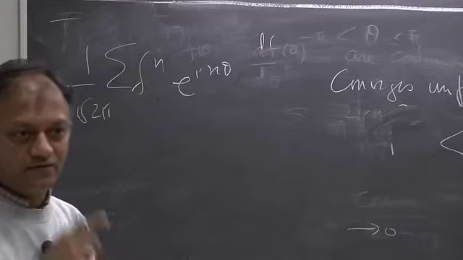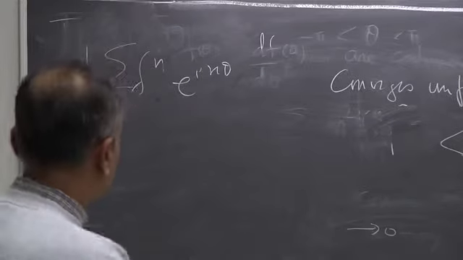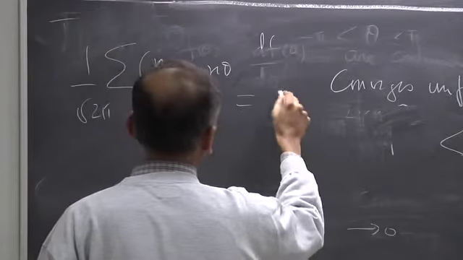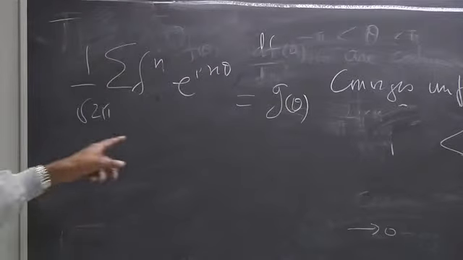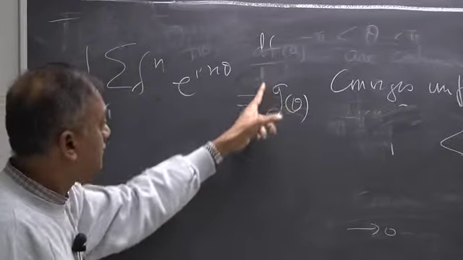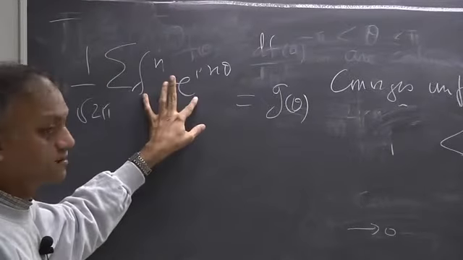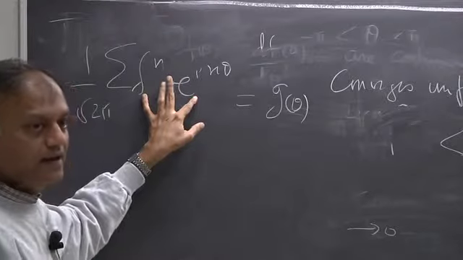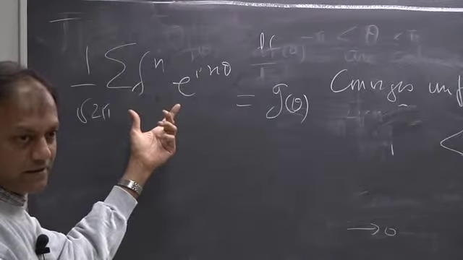Remember that we discussed that when you have uniform convergence, let's say this converges to some function, let's call it g of theta. Then, for example, I can integrate g of theta, and the result is the same as integrating each of these terms separately and then summing up the results of the individual terms, right?